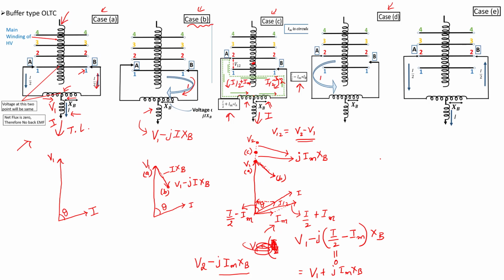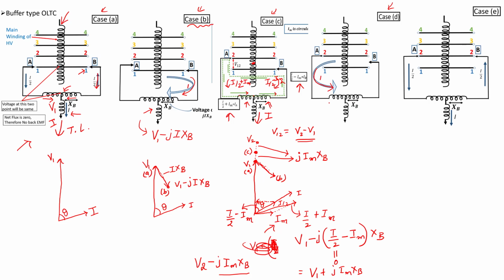Now next is case D. In this case, again we are lifting B. So when we are lifting B, the entire current is shifted to A only, and from tap 2 the entire current is going through this one.